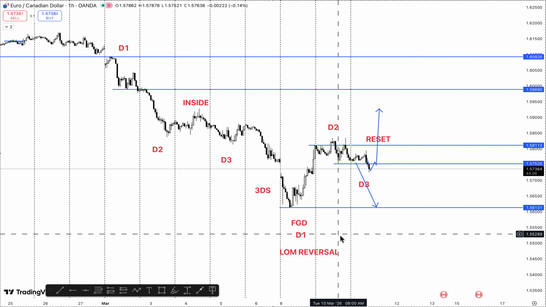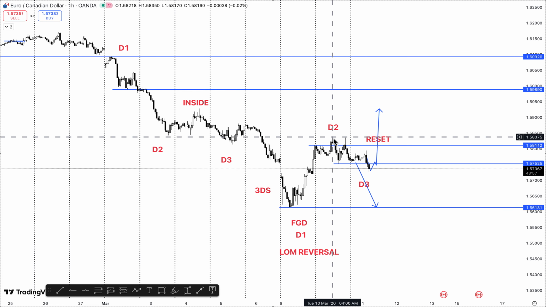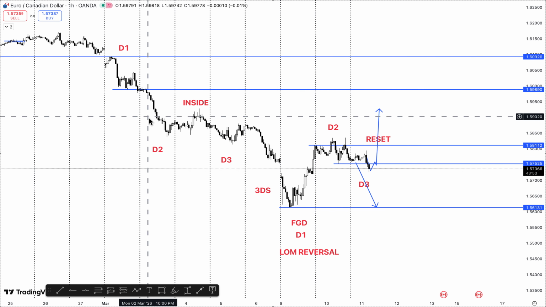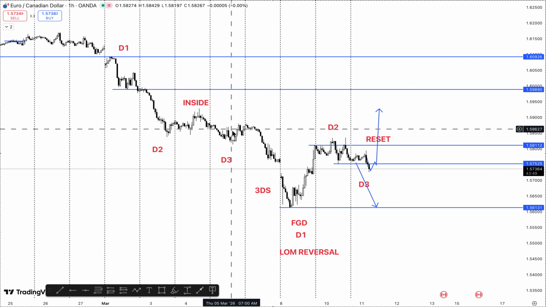One of these extremes will tend to hold. So within Monday, Tuesday, Wednesday, one extreme should hold, either Monday's low or Tuesday's high, which is the initial balance. In every week, one extreme will tend to hold. From there, we can get our trend continuations or reversal opportunities.